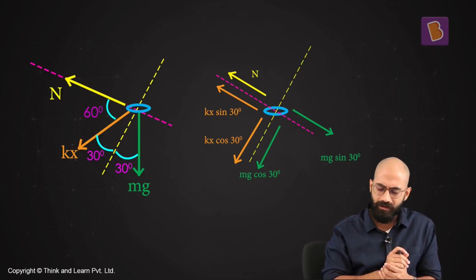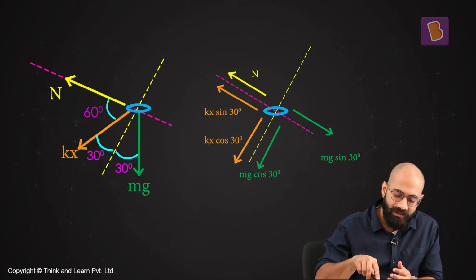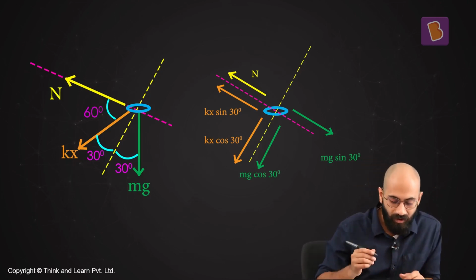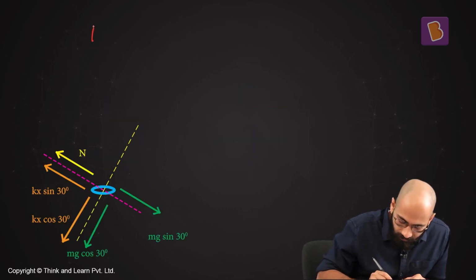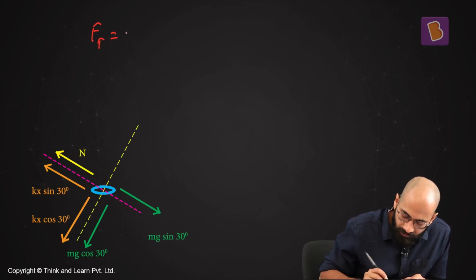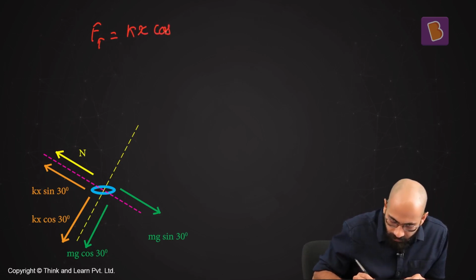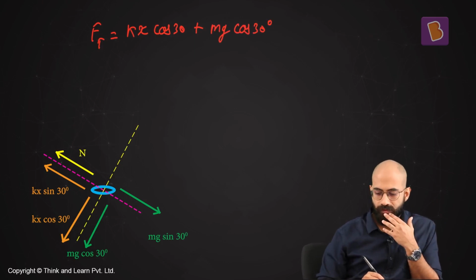Cool. Now what does the question want us to find? The question wants us to find the tangential acceleration, which means we can see that the net tangential force in this direction equals kx cos 30 plus mg cos 30. So let me write here, Ft equals kx cos 30 plus mg cos 30, correct?